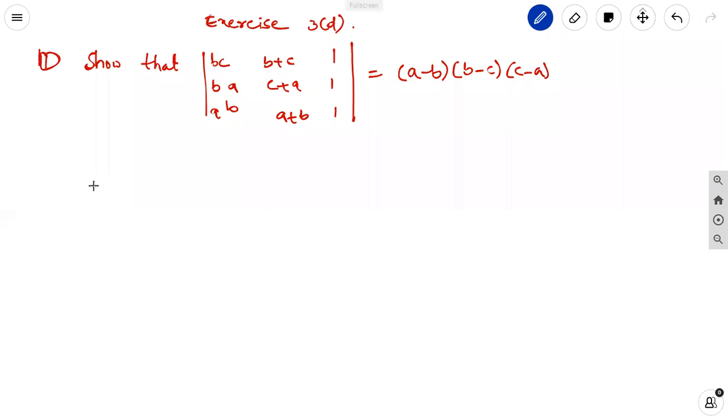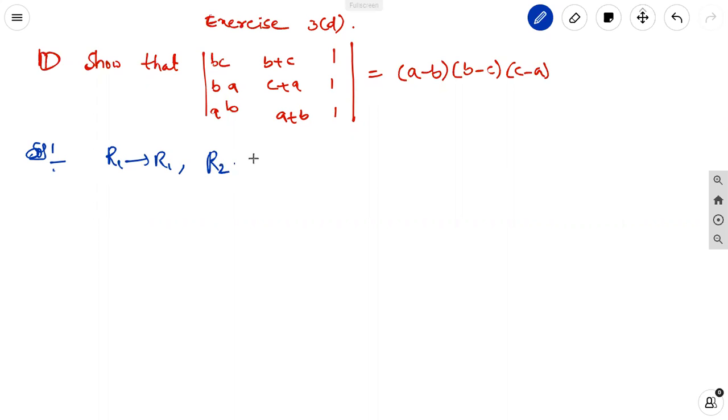Here, such type of questions, just you can observe. If any one of the columns has the unit elements, all ones, then in that you can keep one row as it is. R1 is R1 only. Then R2 and R3 rows can be eliminated to 0.